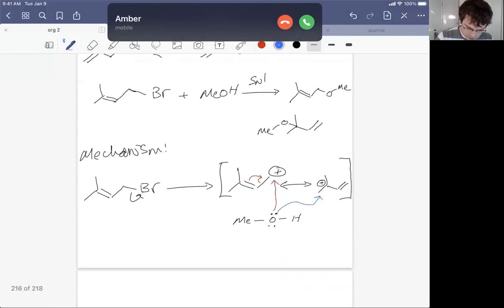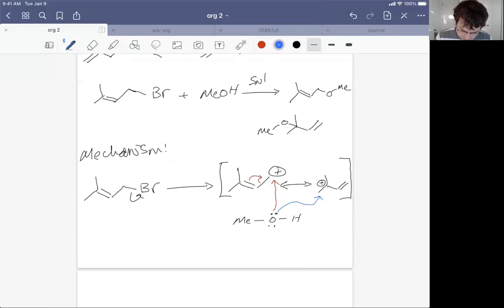Now, what we can do is add to the left side of this molecule with our blue arrow, or the right side of our molecule, left side with the red arrow, right side with the blue arrow, and get different intermediates.